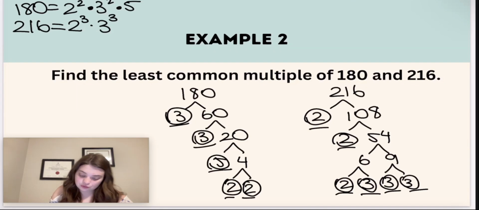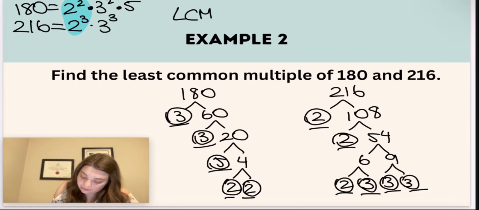So let's start with the 2's. Here we have 2 squared and 2 cubed. So in this case, 2 is a common prime factor for both, but in 216 it has multiplicity 3, right? Power of 3. So for my LCM, I'm going to use 2 to the power of 3, because we always go with the higher multiplicity when we have repeats.